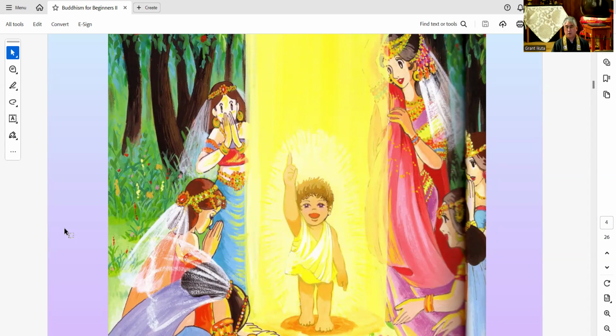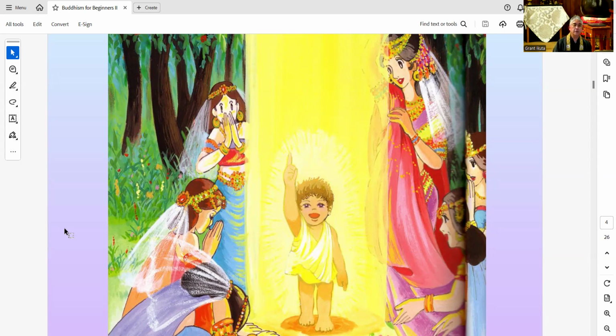So they would come from far and wide, and amongst them was quite a renowned prophet, a mountain seer by the name of Asita. Asita is given the honor of carrying the newborn infant.